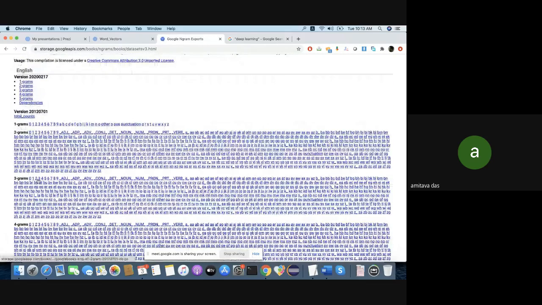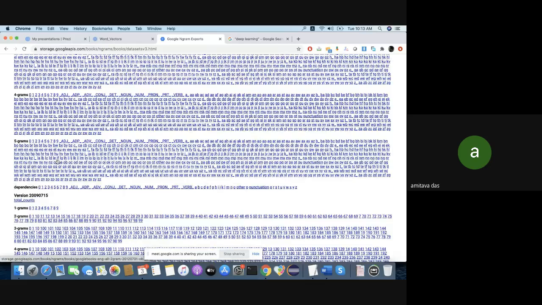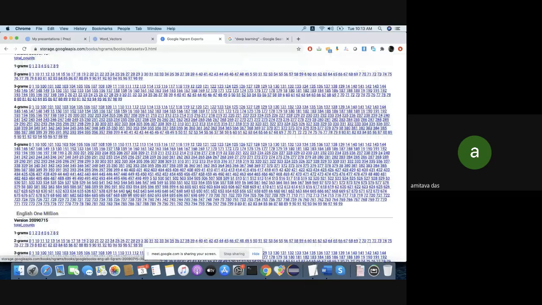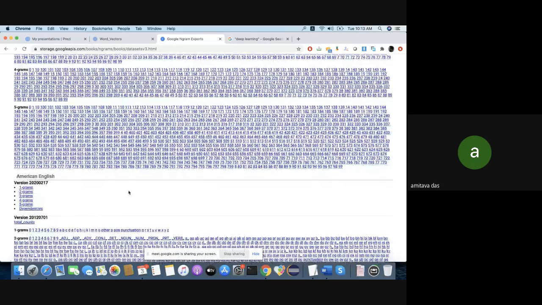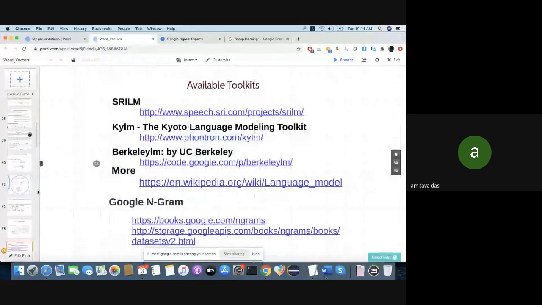See, the ngram data is actually downloadable from Google. It's free. From 1-gram to 5-gram, all the data is available, and one file is something in GBs. So you can download it, play with it, and apply it in some of your applications. So this is available.